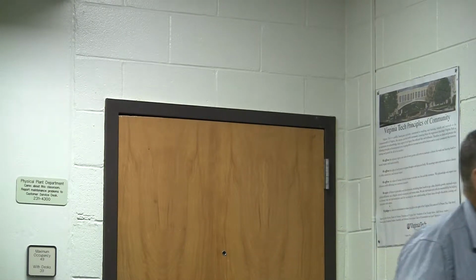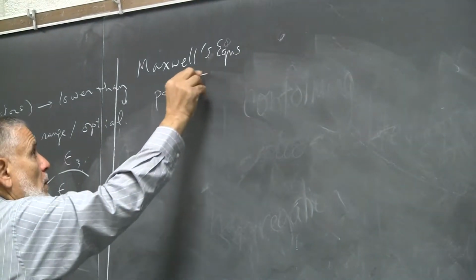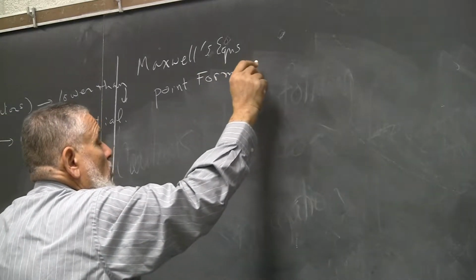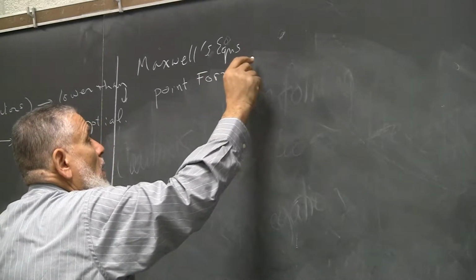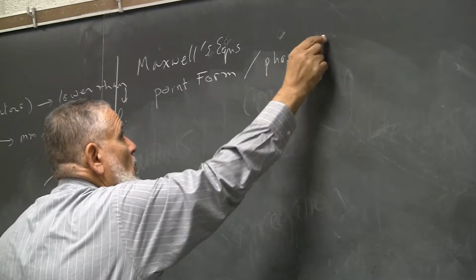So we write them in the point form. And we also said the phasor domain, or harmonic analysis, right?